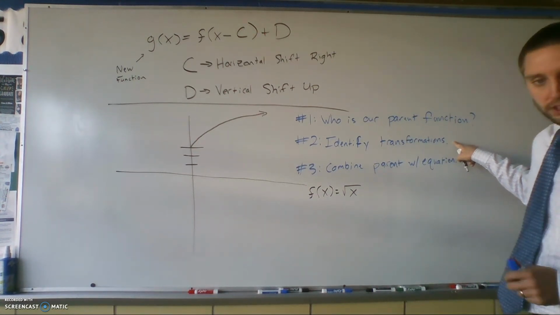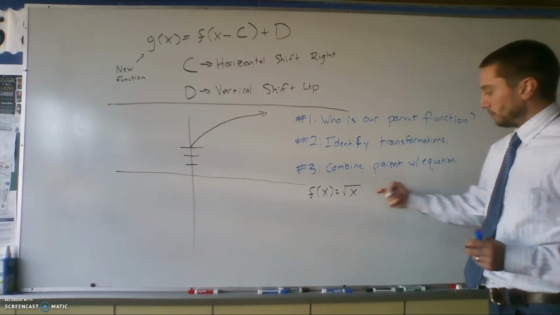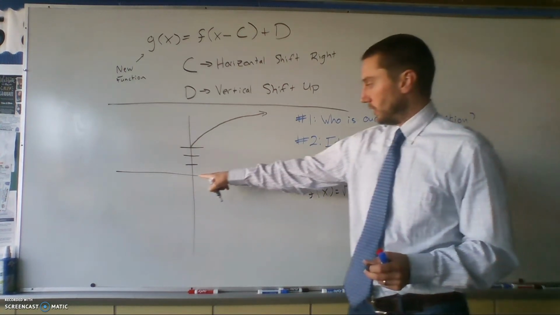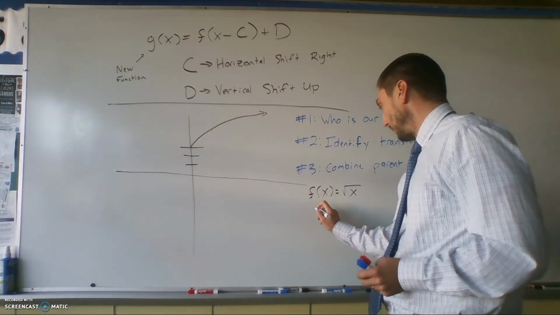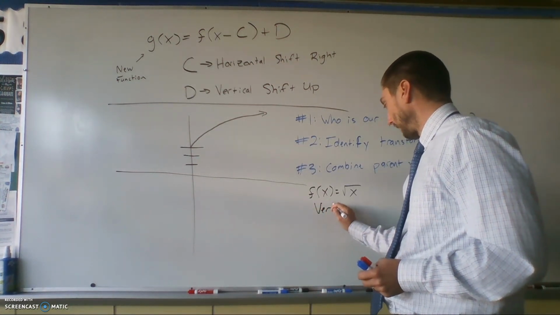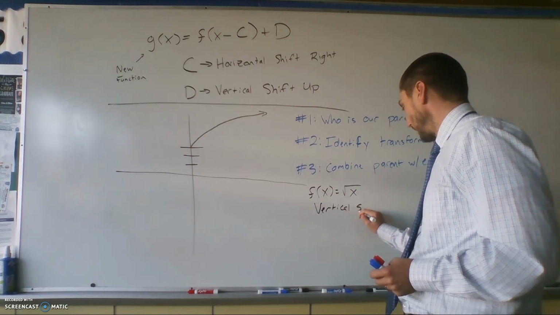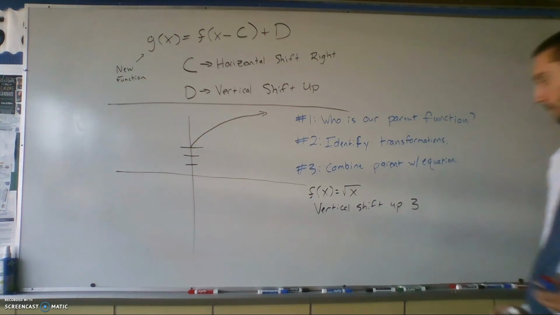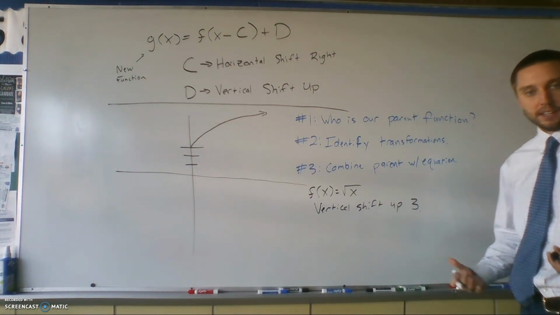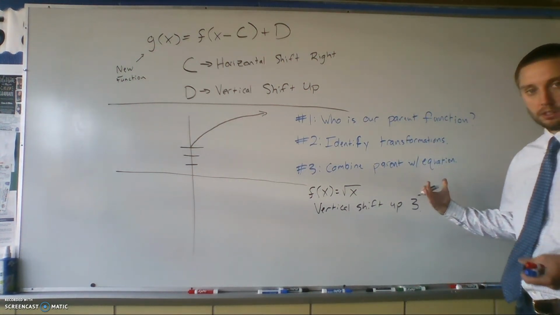Step two, what's my transformation? Well, if you know your parent function is square root of x, usually it starts at the origin. Now it's starting here at 3. So we have a vertical shift up 3. And then the last thing is combine those.